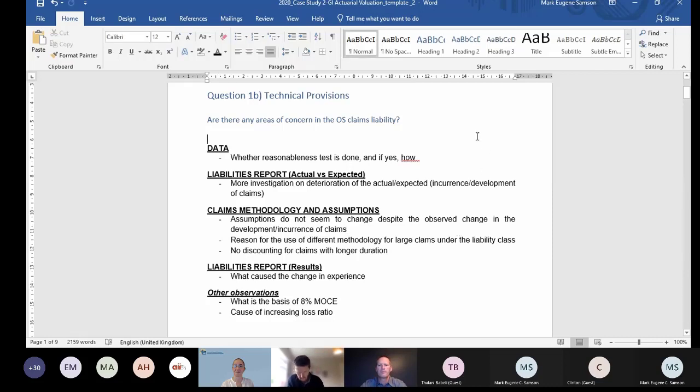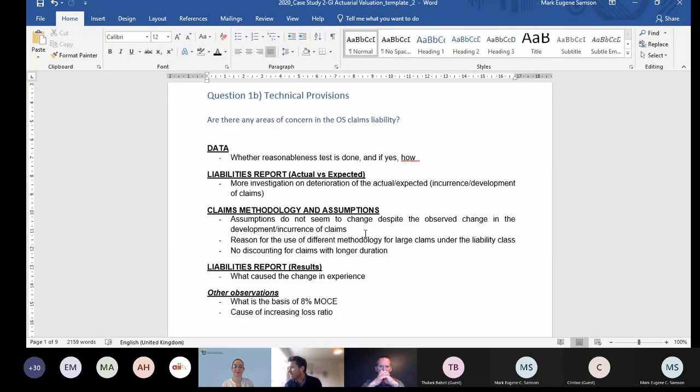So for group 2, we really ran out of time and we were not able to focus on the question assigned to us. We studied the case per section. For data, we want to determine whether a reasonableness test is done for the database supplied. For the liabilities report, we want more investigation on the deterioration of the actual over expected, the development of claims.